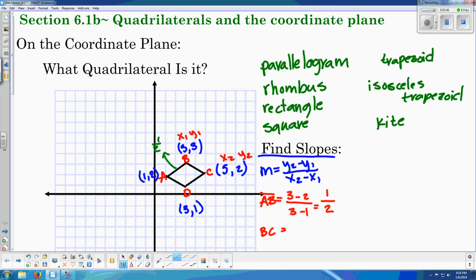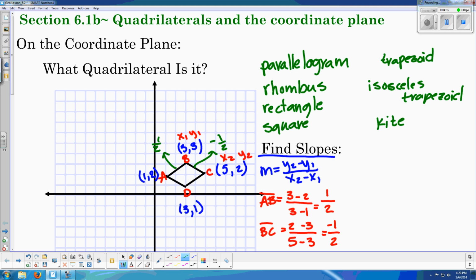So we have, don't forget your line, y2, which is 2, minus y1, which is 3, divided by x2, which is 5, minus x1, which is 3. So we have 2 minus 3, which is negative 1, divided by 5 minus 3, which is 2. So our slope of this line here is going to be negative 1/2.